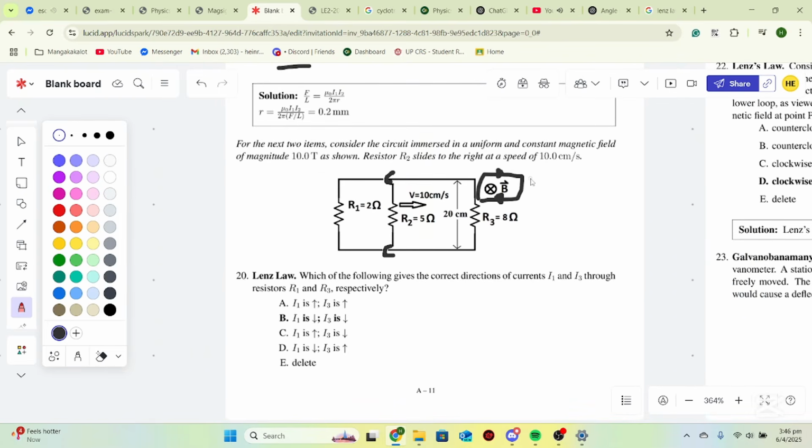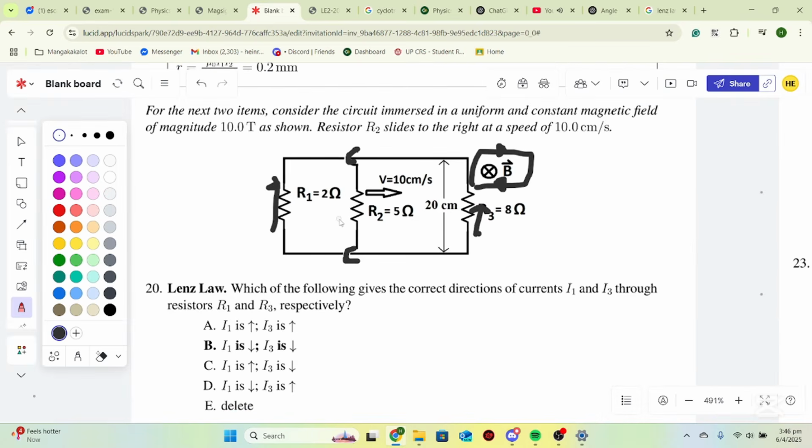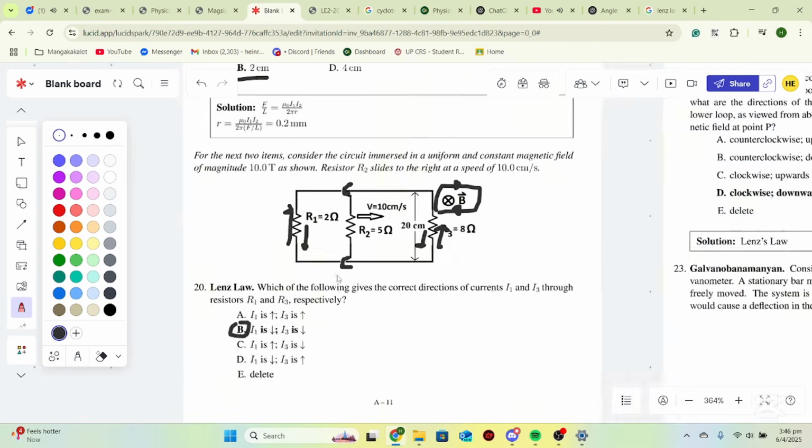Is it clockwise? Yeah, it's clockwise. So that means if you just expand it, it's going to be like up here and then up here. But we know that the currents always resist change. So since there's that, it's producing a current that resists change. So it's down here. So it's down, down, I1, I3.